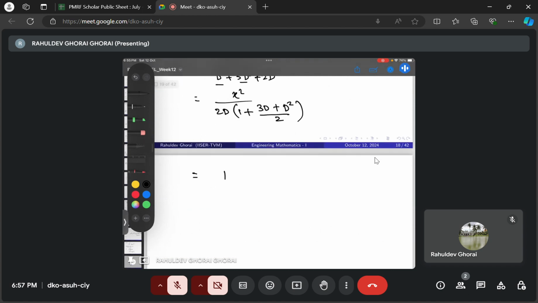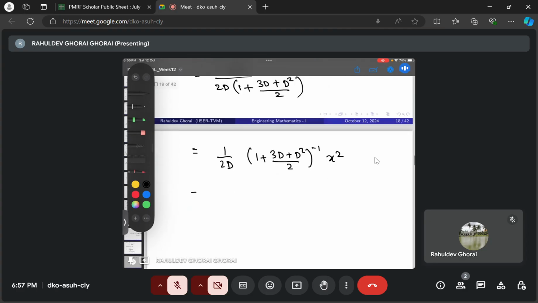Now 1 over 2d, let's keep it as it is, then 1 plus 3d plus d square over 2, whole inverse, times x square. You can write this as 1 over 2d, 1 minus 3d plus d square over 2 plus 9 d square by 4.